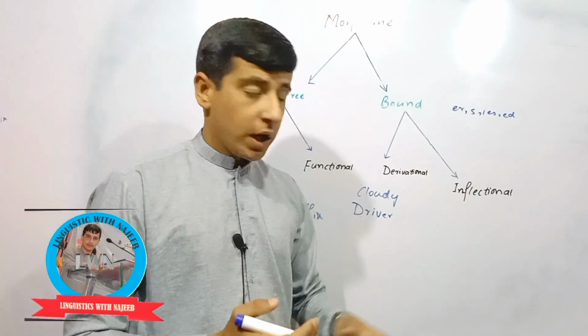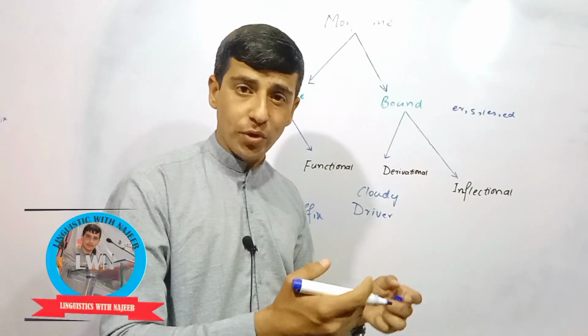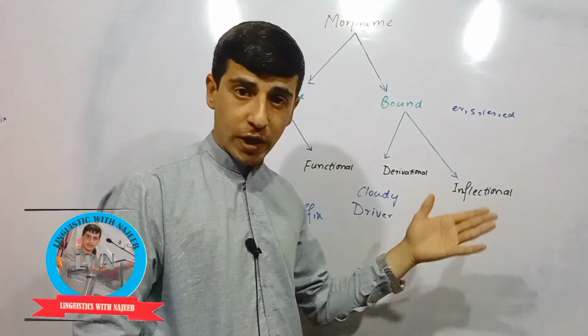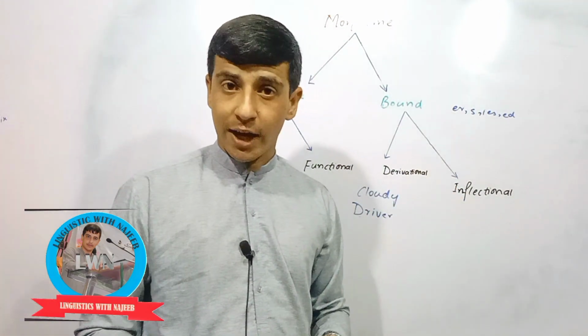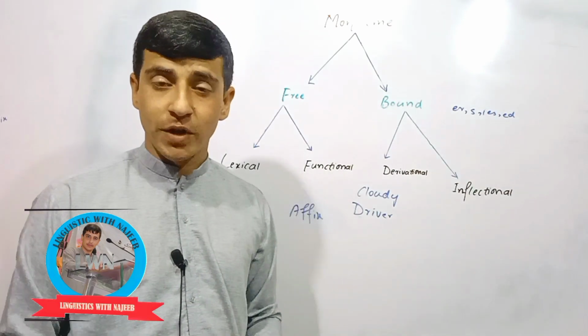Inflectional morphemes are those morphemes which do not produce new words. Rather, they just indicate the grammatical function of a word. And we have 8 inflectional morphemes in English.